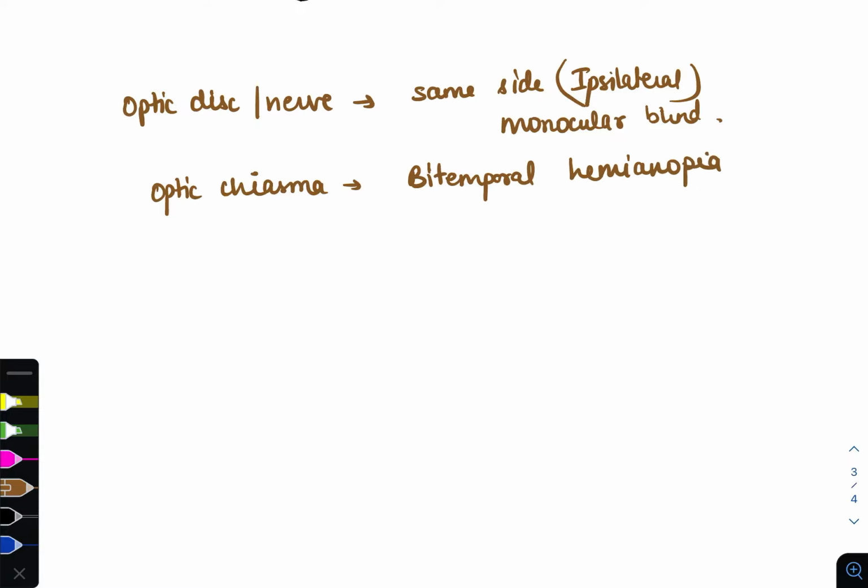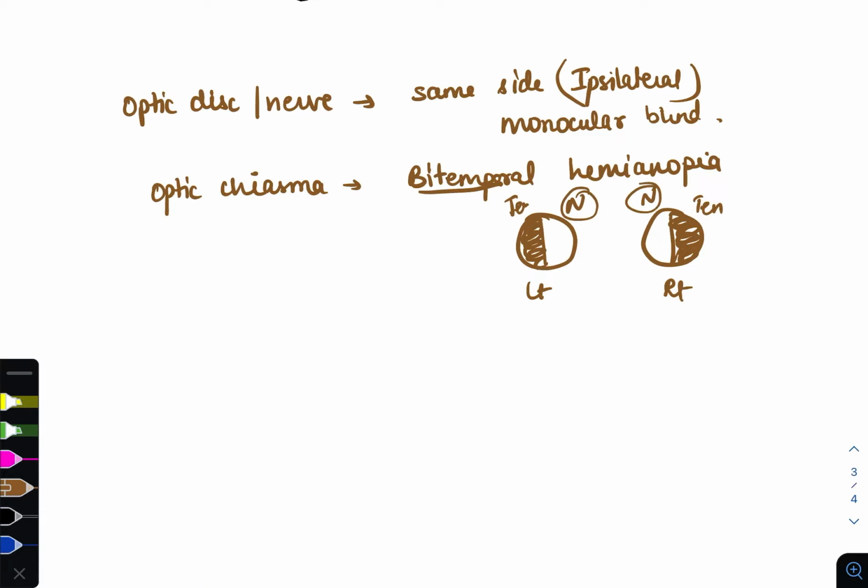Bitemporal means in both eyes only the temporal visual field will be defective. Suppose this is our right eye and this is our left eye; the nasal area is beside our nose, and we will not see the temporal area, that's why it's bitemporal hemianopia.